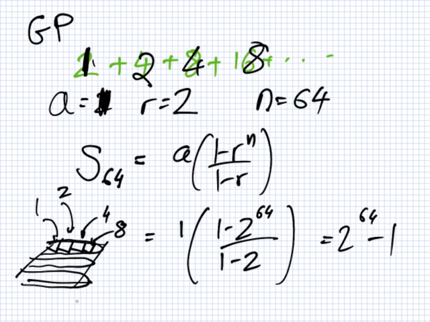And there's 64 squares because a chessboard is 8 by 8 squares. Is that okay? Yeah.